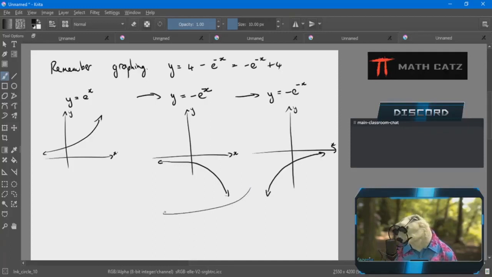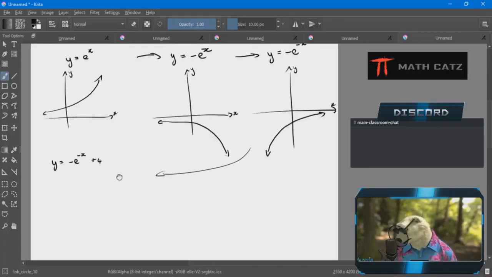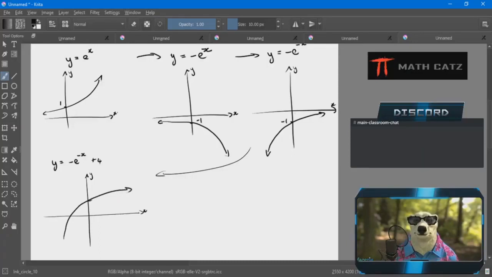And lastly, I want to add 4 to that. And that is going to shift the graph up by 4 units. Now remember, this y-intercept was 1, so this y-intercept is -1, so this y-intercept is still -1. So when I shift it up, it's going to go up here to 3.